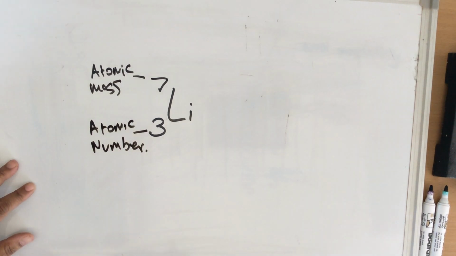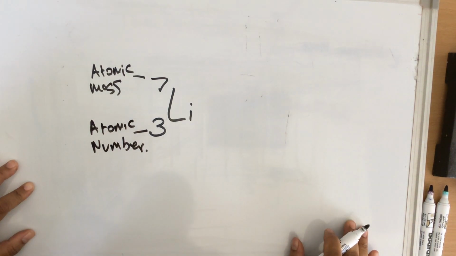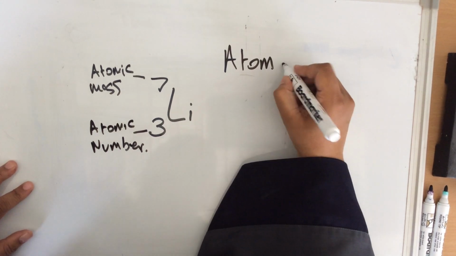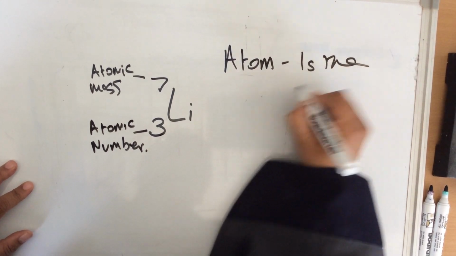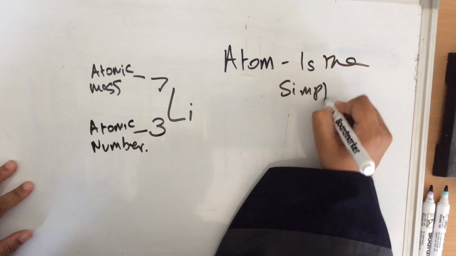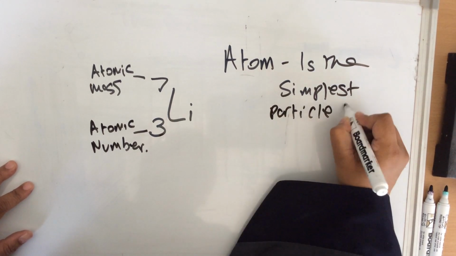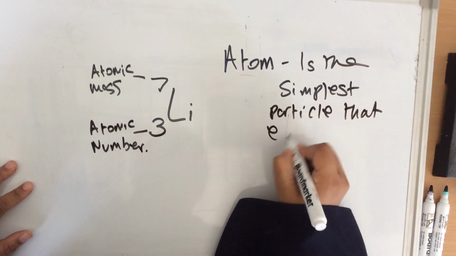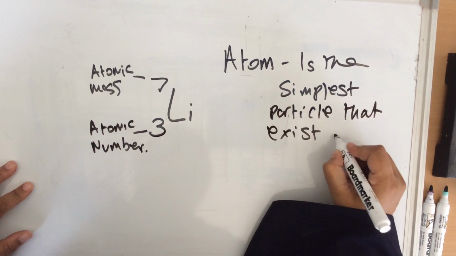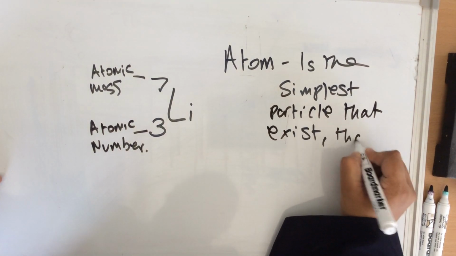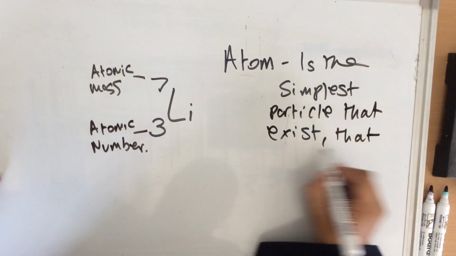So now we're going to go back into what is an atom. An atom is the simplest particle that exists that cannot be broken down any further.